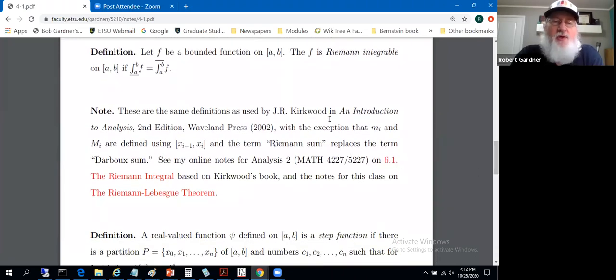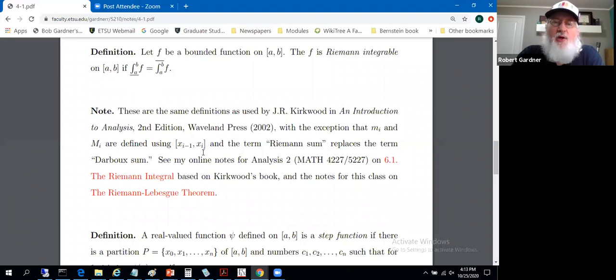Now, in the Kirkwood book, An Introduction to Analysis, the book I use in senior level analysis, it's been a while since I've taught it, but it stands the test of time. This is the same definitions they have. They use the term Riemann sum instead of Darboux sum. The one modification really is they define m sub i, lowercase, and capital M sub i, over the closed interval from x sub i minus 1 to x sub i.